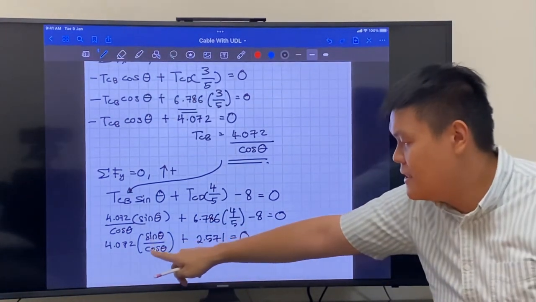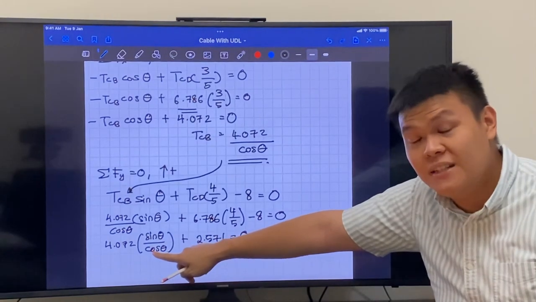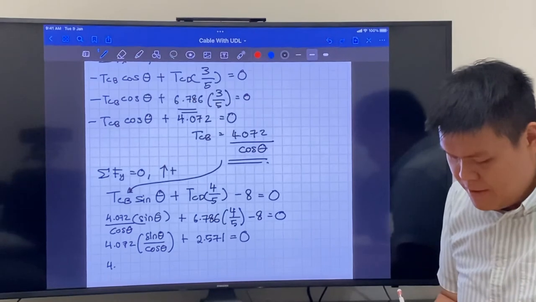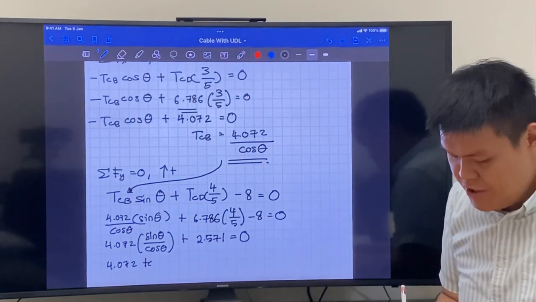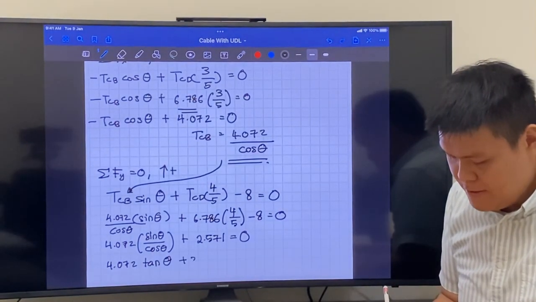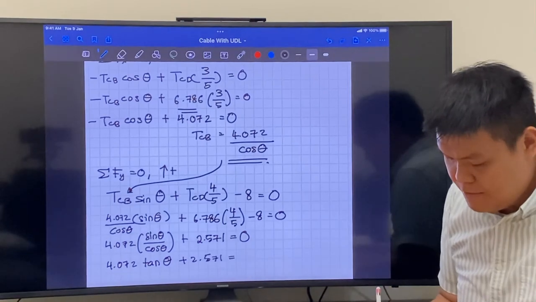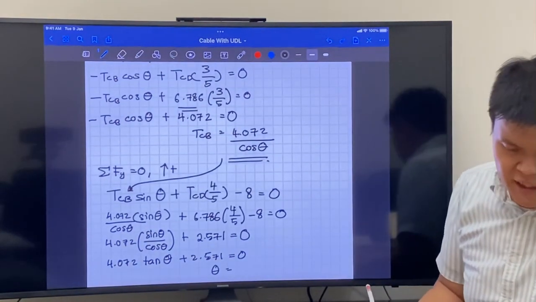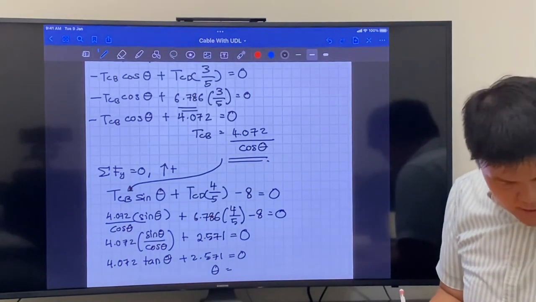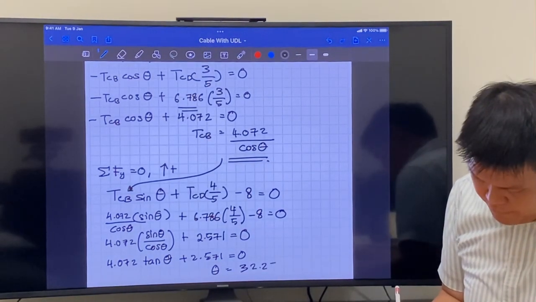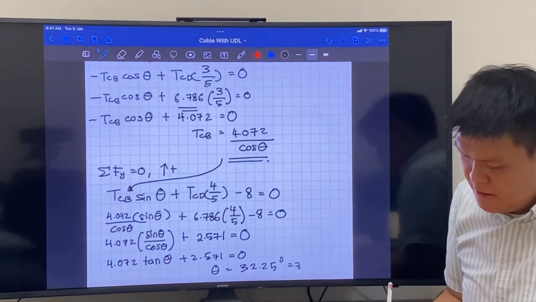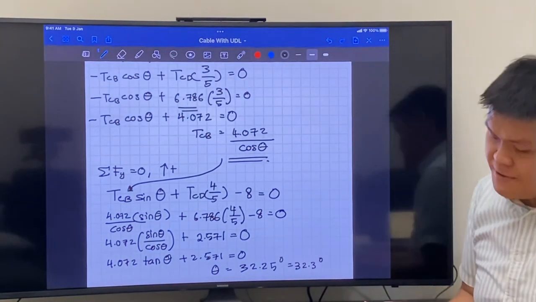Now sine theta over cosine theta is equal to tangent theta. So 4.072 tangent of theta plus 2.571 equals 0. So rearranging, we can get theta as 32.25 degrees, or simply 32.3 degrees.